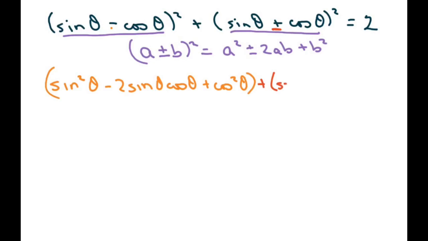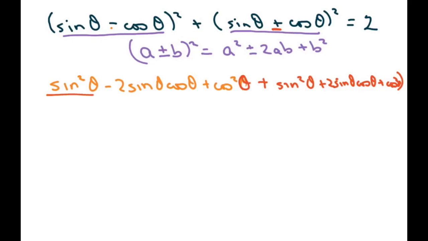So we have sine squared plus 2 sine cosine plus cosine squared. I'm squeezing it in here. Now, since this is a plus, I can basically get rid of the parentheses here and put the plus back in here.